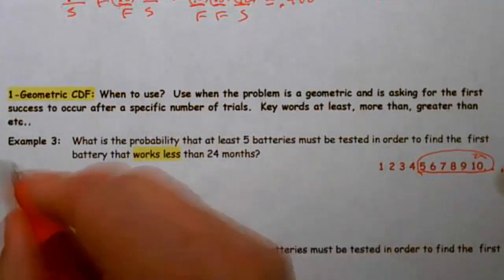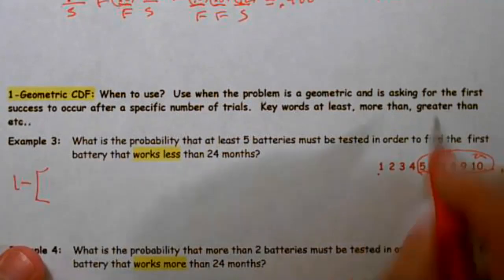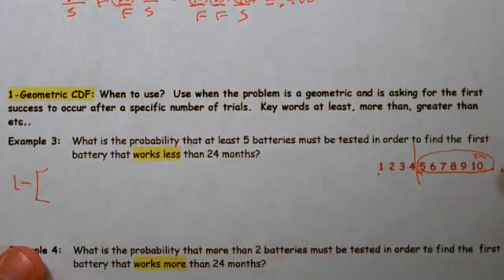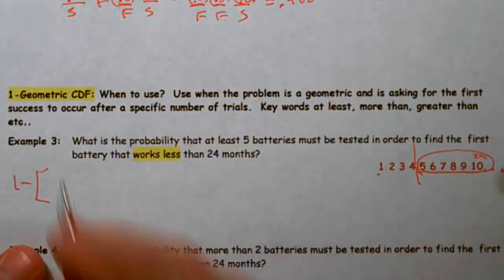So here's what I do. 1 minus, bracket, and basically I'm going to subtract out everything I don't want. Well, I want 5, I want 6, all the way up to infinity. So I don't want 1, 2, 3, and 4. Those are what I'm going to subtract out. But I'm not going to show all of that. I'm going to show the first 2 and then the last one.